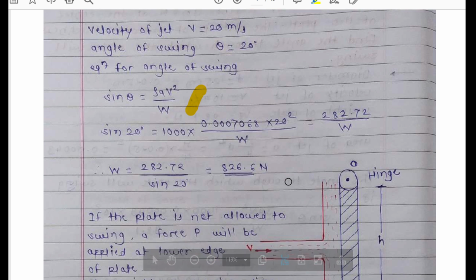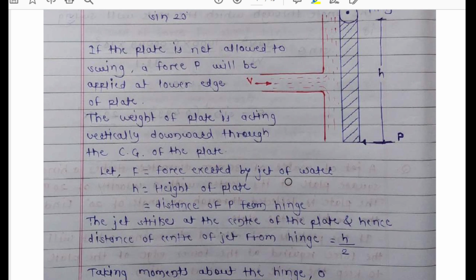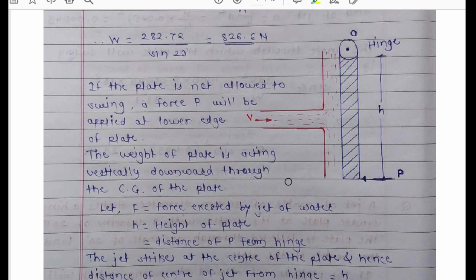Okay, now the second condition, look at this condition carefully. What they have considered here is that we have to fix this plate. That means if the plate is not allowed to swing, what is the value of force that will be applied at the lower edge of the plate?